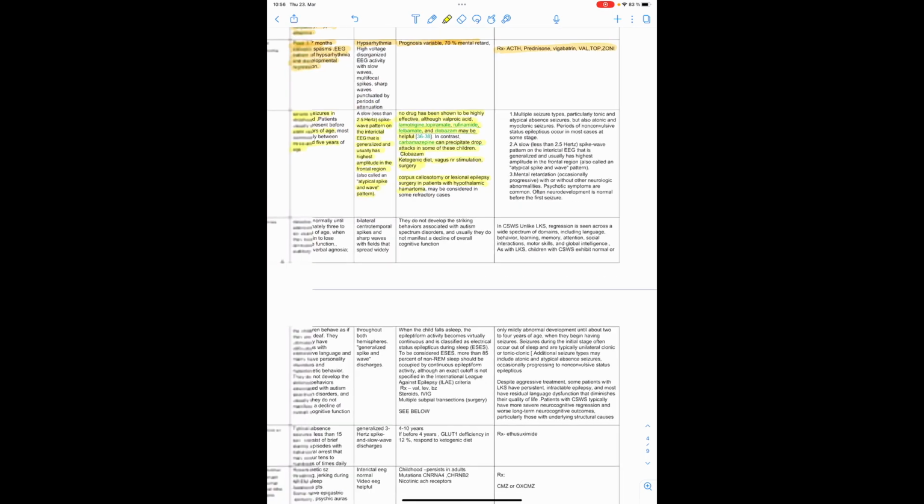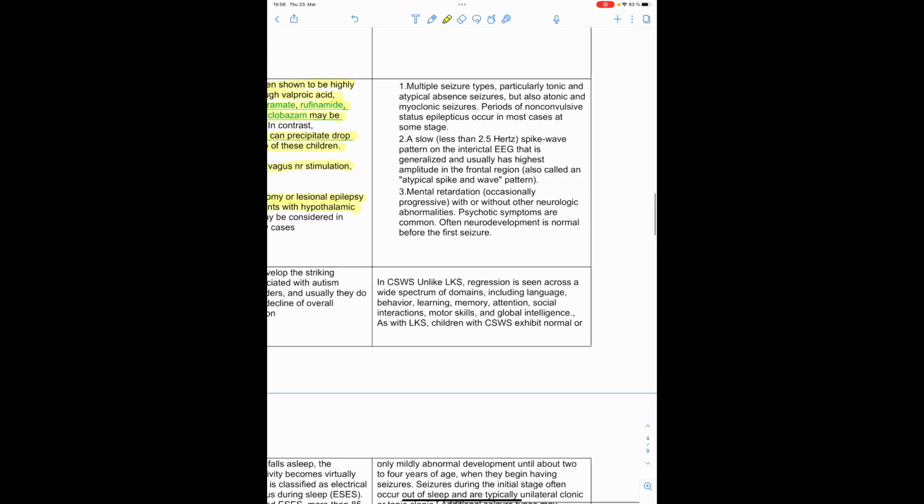So, what other details I have is there are multiple seizure types, particularly tonic and atypical absence seizure, but also atonic and myoclonic seizure. Periods of non-convulsive status epilepticus occur in most cases at some stage. A slow less than 2.5 Hz spike wave pattern on interictal EEG that is generalized and usually has highest amplitude in frontal region, that already I mentioned.